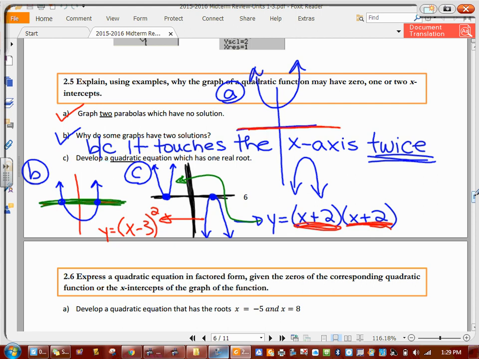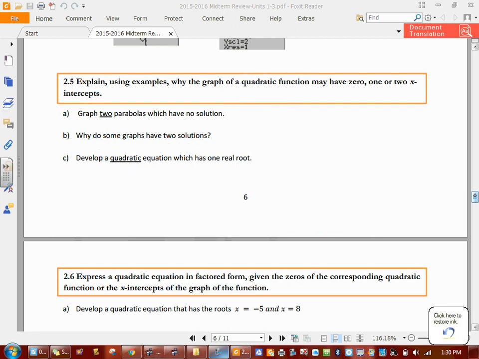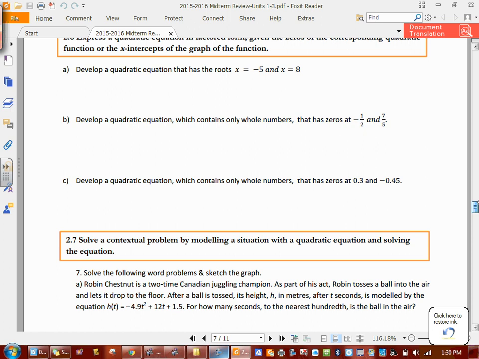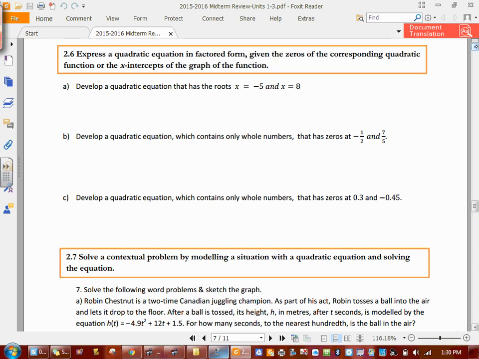Now we're going to create an equation based on the x-intercepts that they're going to give us. If we take a look at the next outcome, it says express a quadratic in factored form given your zeros, meaning x-intercepts, for your function. So we're always going to start with y equals.